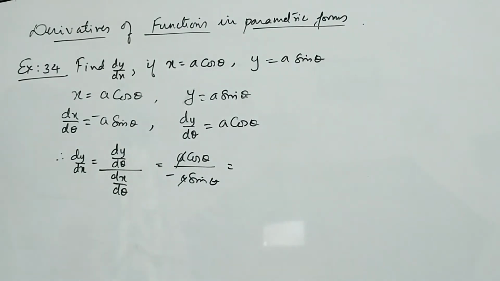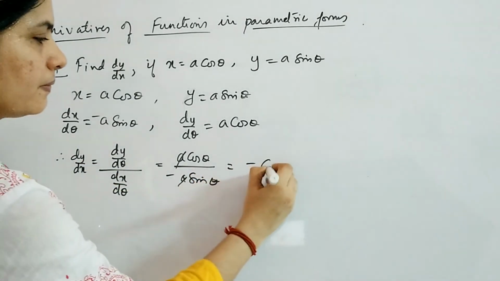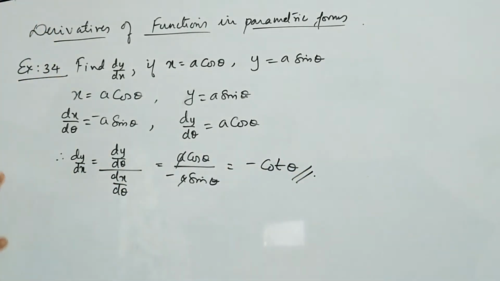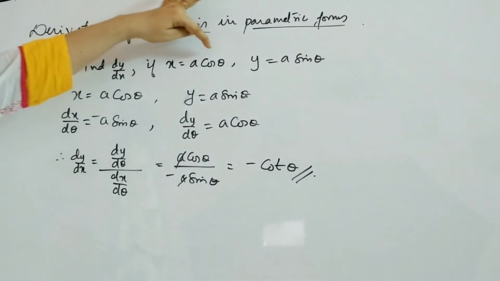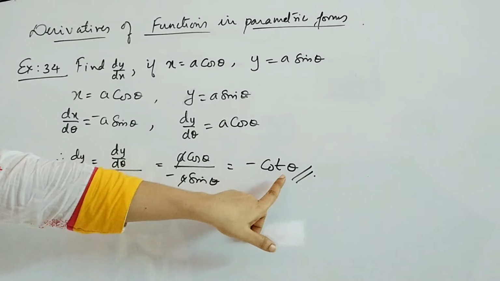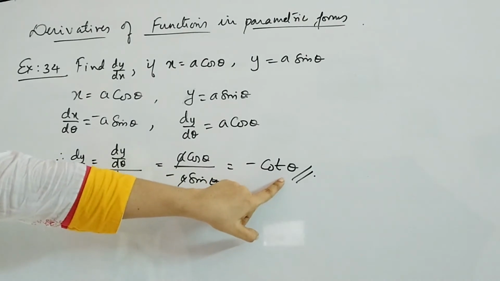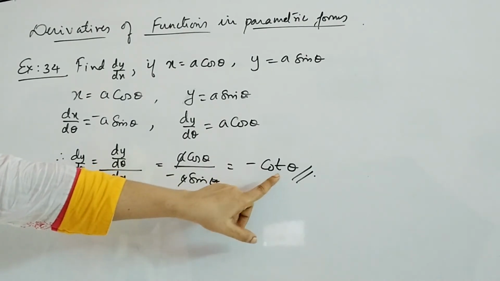Negative is there, so you'll get minus cot theta. So this is your answer. That means since your question x and y is containing theta, your answer dy by dx is also containing that theta. Even if it is dy by dx, it is in terms of theta only. Clear?